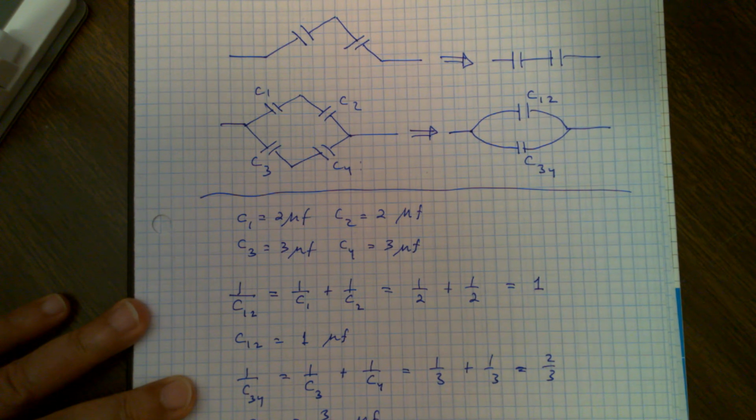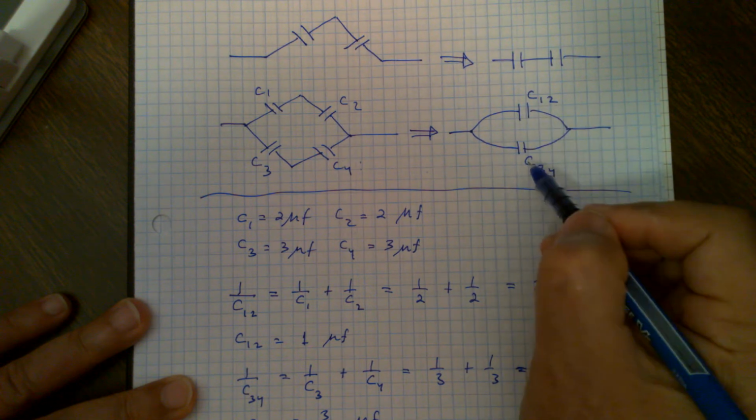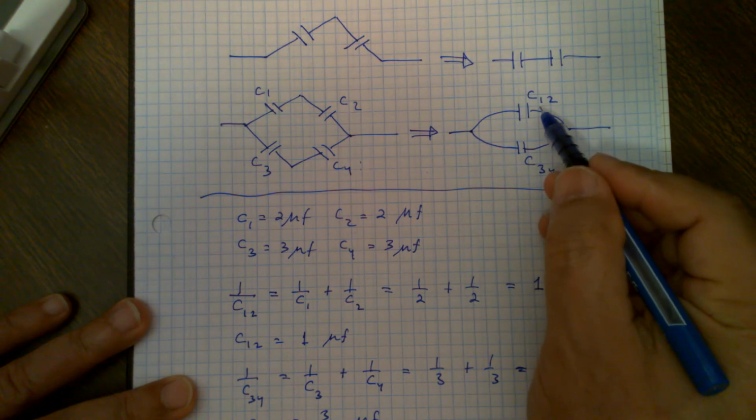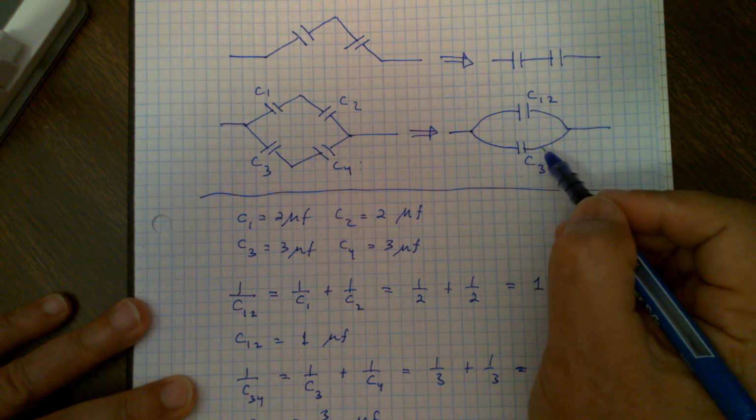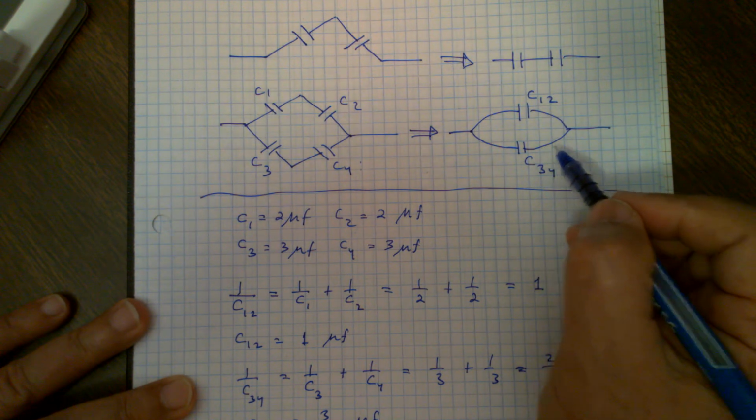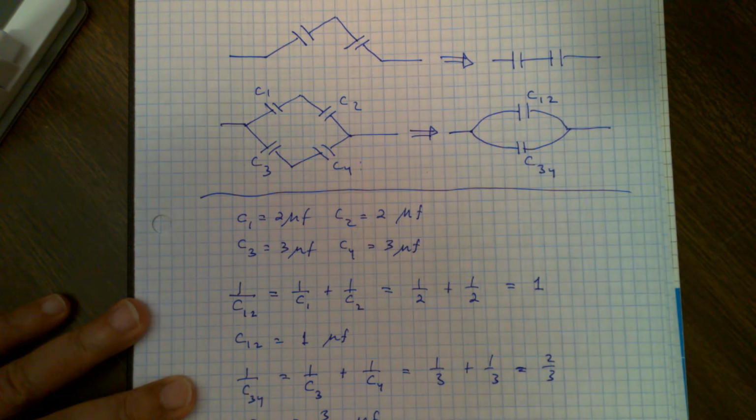Why is that? Because C1,2 and C3,4 are in parallel. So according to our formula, we have to just add them up. So C1,2 is 1 and C3,4 is 3 by 2.